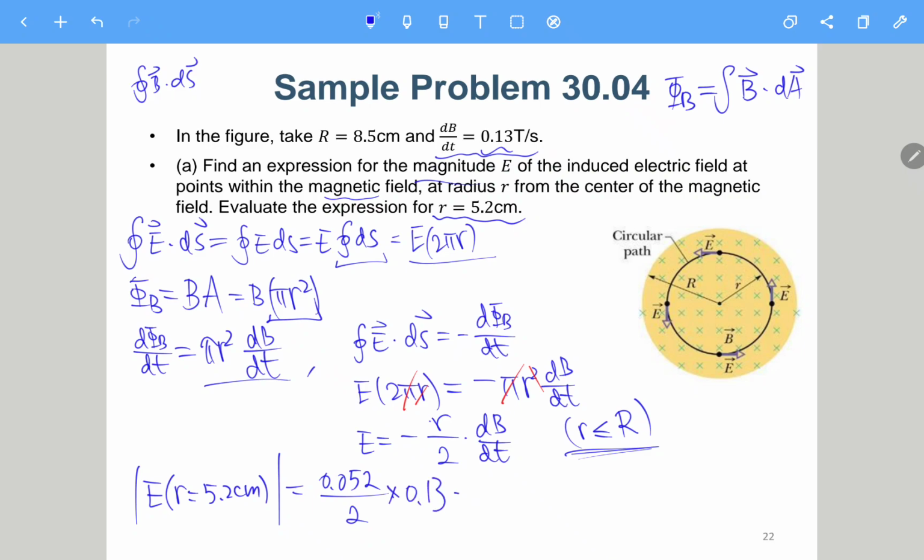This is nothing but 3.4 millivolt per meter. Originally the SI unit should be volt per meter, but this one is 10 to the negative third power. So this is pretty easy, but actually this expression will be quite important.